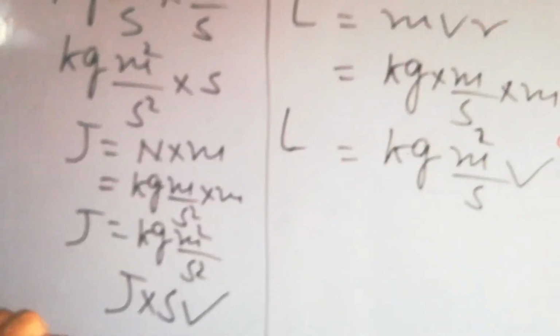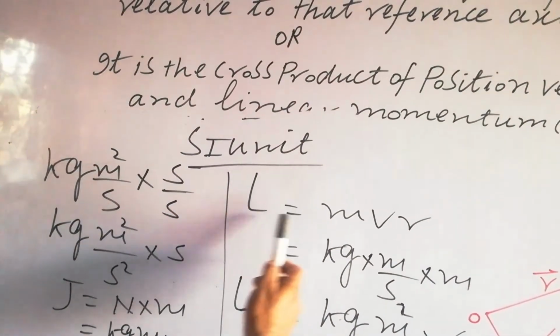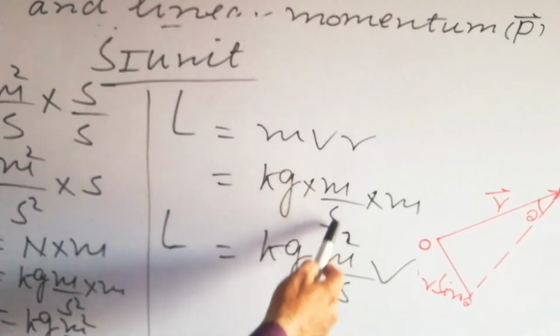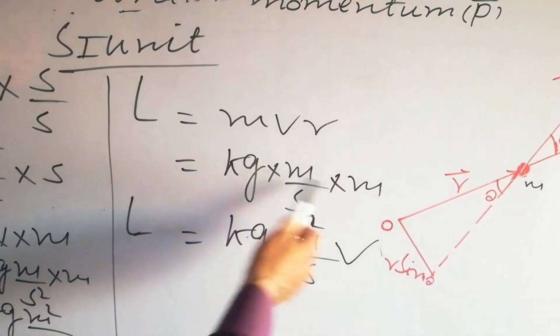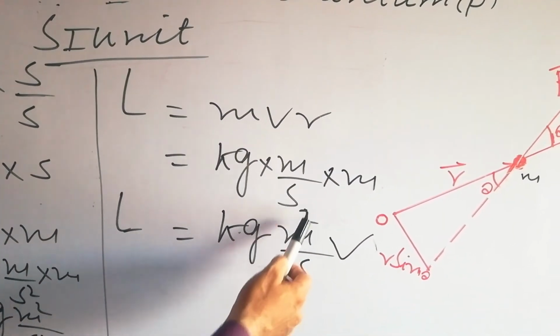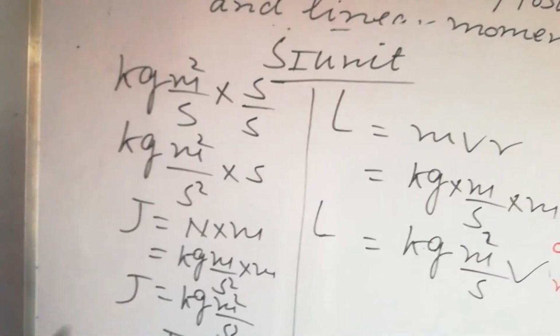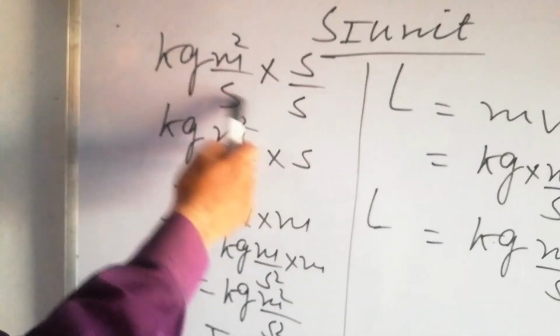So now look again here. This is the unit of the angular momentum, L is equal to m v r. We know this relation. The unit of mass is kilogram, the unit of velocity is meter per second, the distance is meter, and we simplify to kilogram meter square per second, and we multiply and divide by s, we get kilogram meter square per second square into s. What is this?